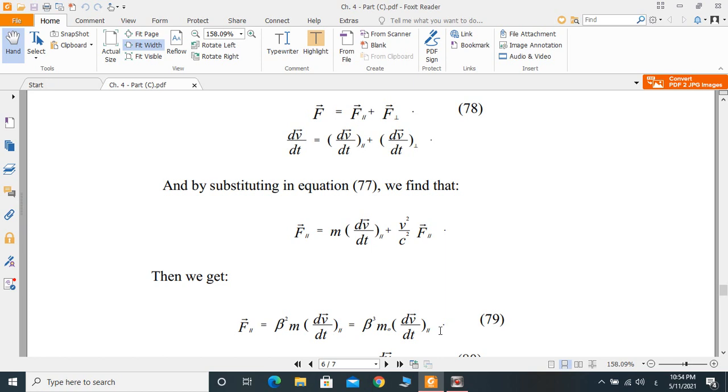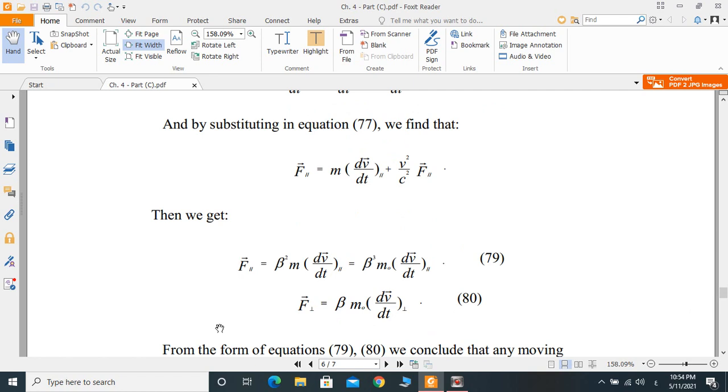This is the first equation of motion, parallel to the velocity of the particle.